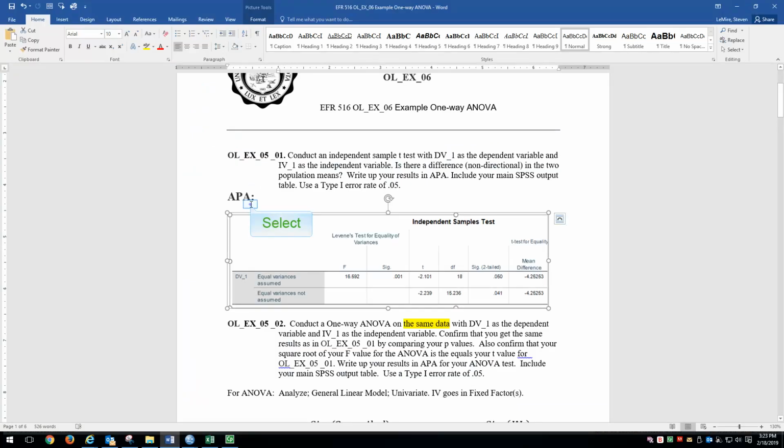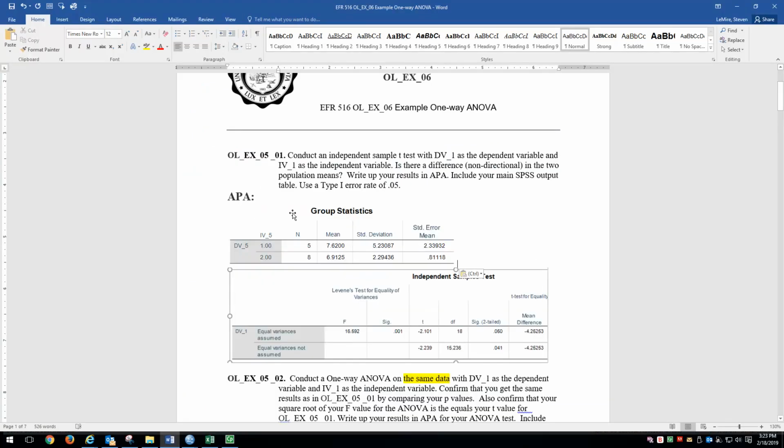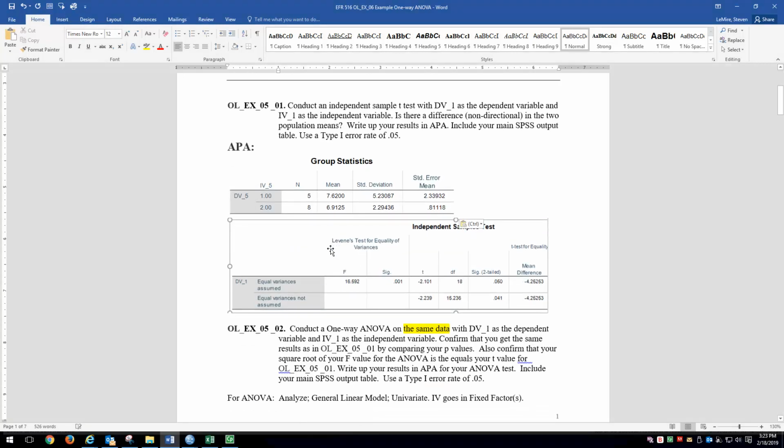Paste them in there. So as we see in the means, they're 7.6 and they're 6.9. Now, we always expect there to be a difference in the sample. Our question: do we think this observed difference is due to chance or not?